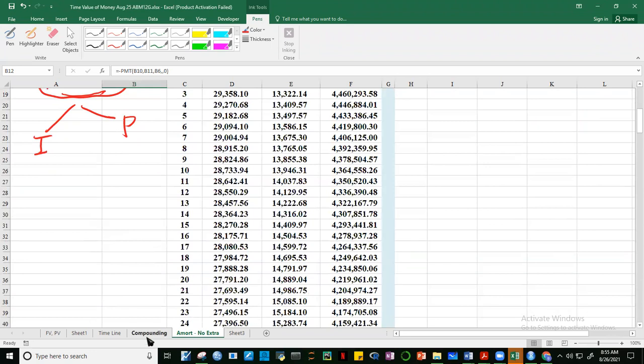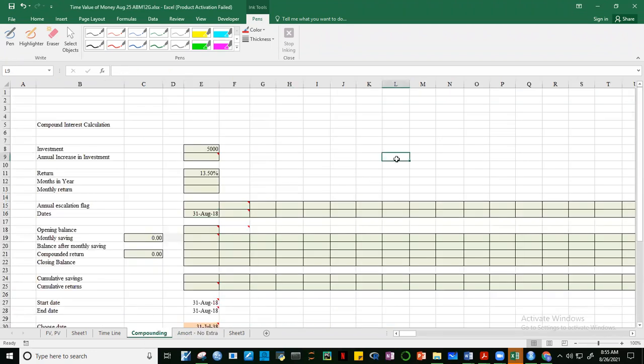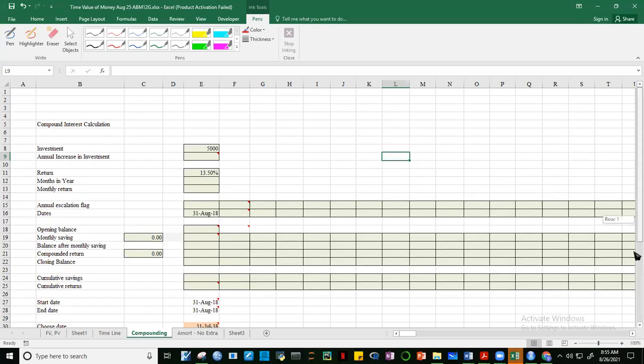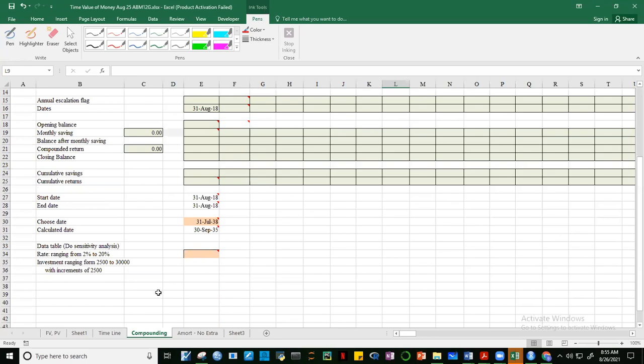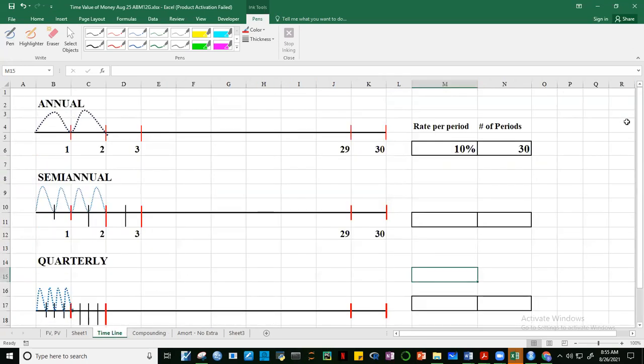Okay, so ano nang natitira sa atin? Ito. Okay. Magda-data table tayo dito, and then yung timeline actually ine-explain lang naman dito yung ano no. So ito yung annual. Okay, so 30 years, no?